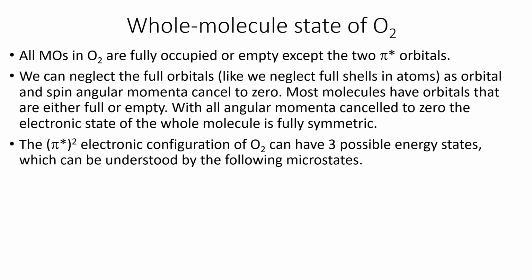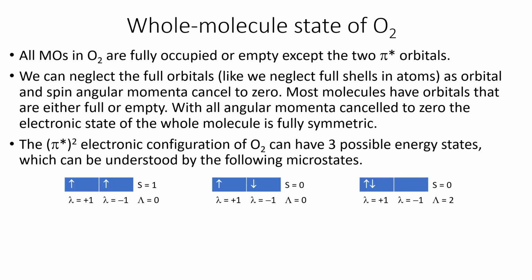And so it turns out then that with this state in oxygen where we've got two electrons in the pi star level, and that's what we mean by pi star in brackets superscript 2. That superscript is the number of electrons, like you see 1s2 in atoms, for example. It turns out there are three possible energy levels that correspond to this, and so these microstates make this clear here. So you see those two blue boxes correspond to the two pi star orbitals.